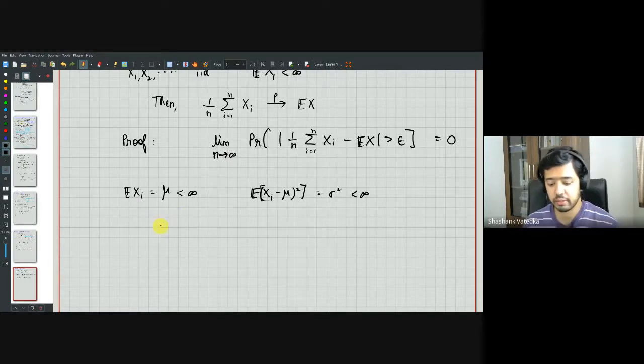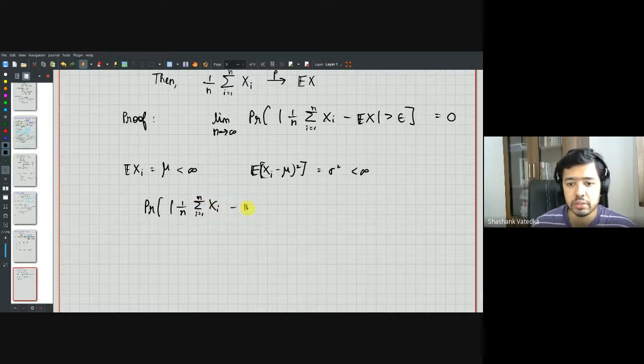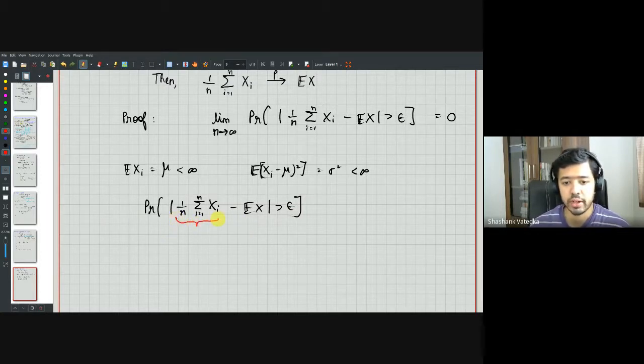So the quantity that we are interested in is the probability that 1 over n summation i going from 1 through n of xi minus expected value of x is greater than epsilon. Okay, so if I call this random variable y, then what is the expected value of y equal to?